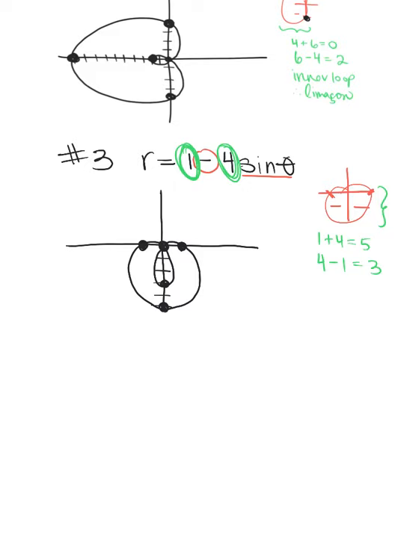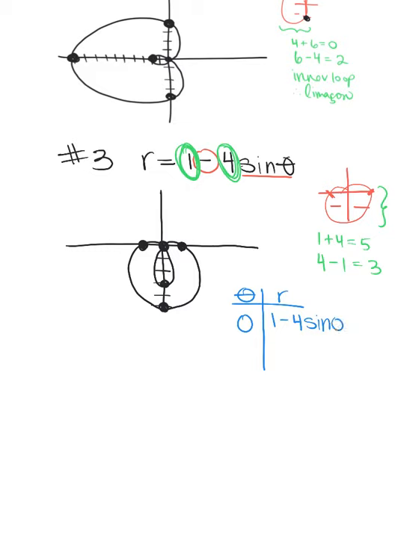Okay, so I realized I forgot to do the start and stop on the previous problem, but let's go ahead and do it for this one here. To find my start and my stop, I'm going to always let theta equal 0. So I'm going to take my original equation and then replace theta with 0.